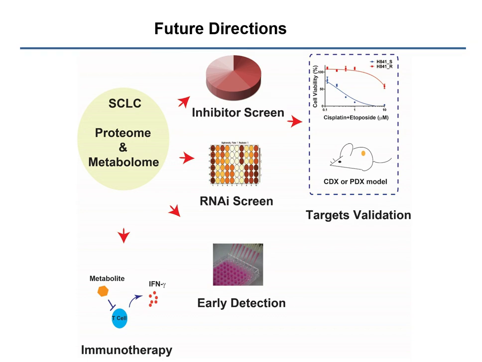Also, we generated small cell lung cancer resistant cell lines. Our collaborator has a PDX mouse model. Both can be used to further validate our enzymes of interest. The third direction: the same highly expressed metabolites or enzymes can be considered as early detection biomarkers.